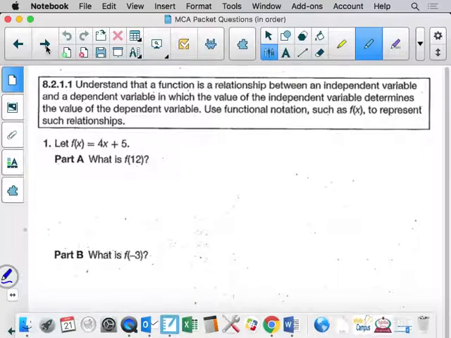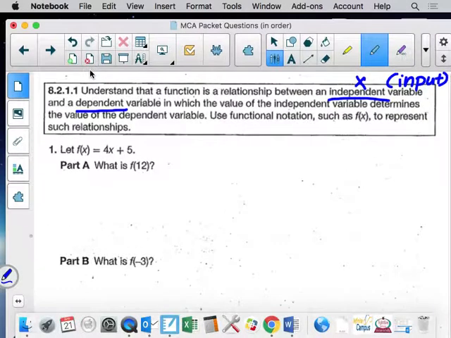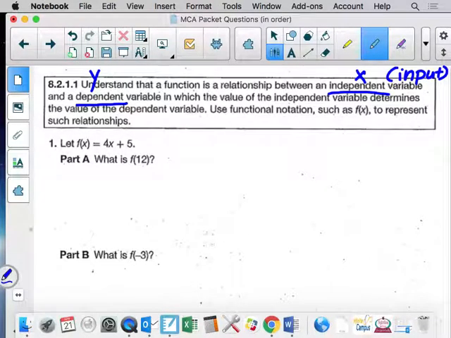All right, so dependent and independent variables. The independent variable is x, or the input. Independent is input. So you're going to put something in for x, and then you're going to solve for y. So that makes y the dependent variable. So x is input, and y is output.